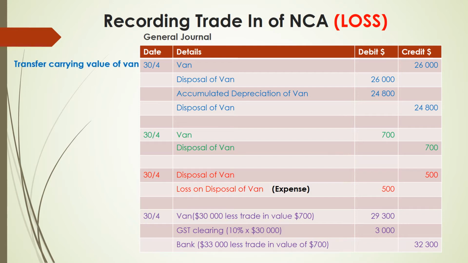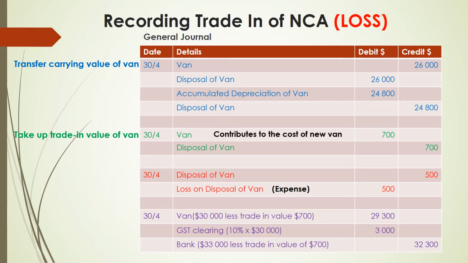The first entry is still the same, where we are transferring the carrying value of the van from the asset account and the accumulated depreciation account to a clearing account called the disposal of van. Our second entry is different. Instead of taking up the cash proceeds, here we are taking up the trading value of the van. We do this by debiting the van account by $700 and we credit the disposal of van account by $700.